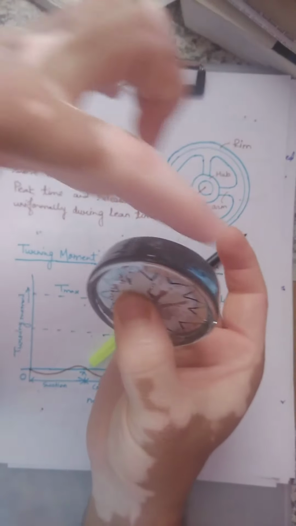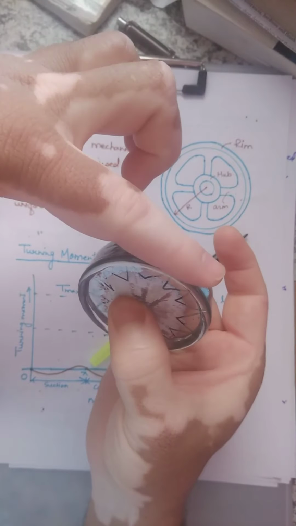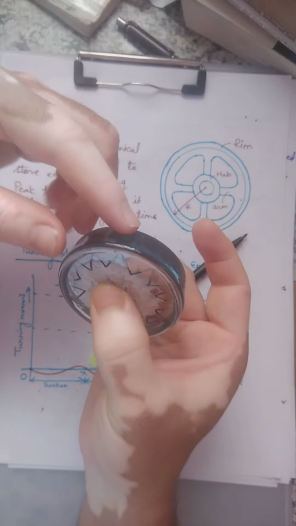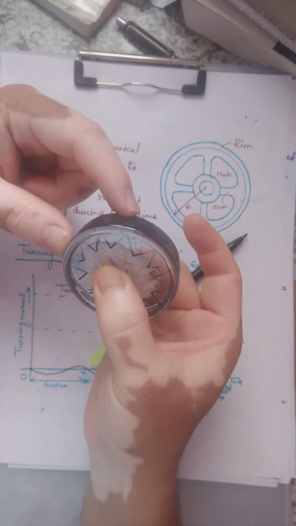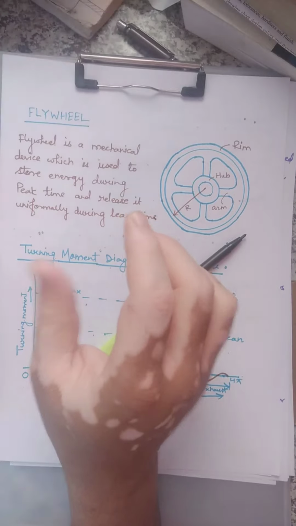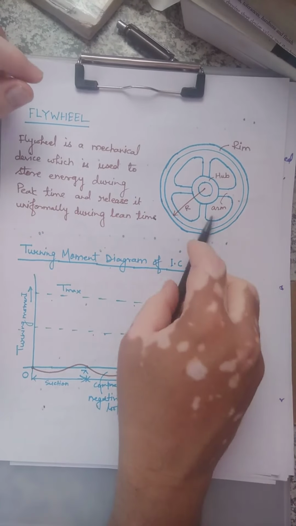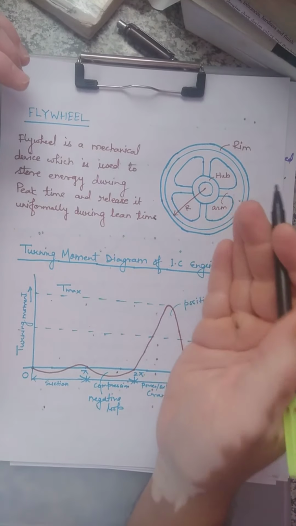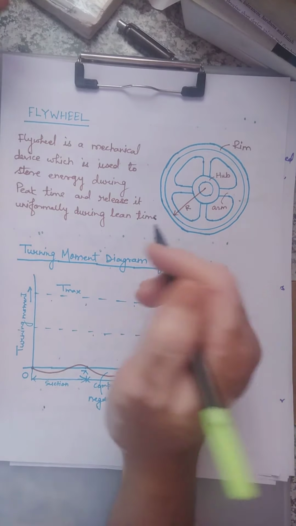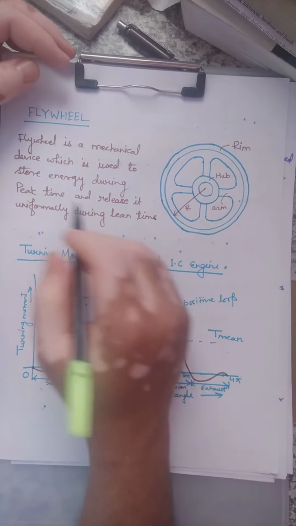Only in the power stroke does it get power, and the other 3 strokes consume power. That's why flywheel is necessary to store the energy in the form of inertia and release it in lean time, that is, in the other strokes.